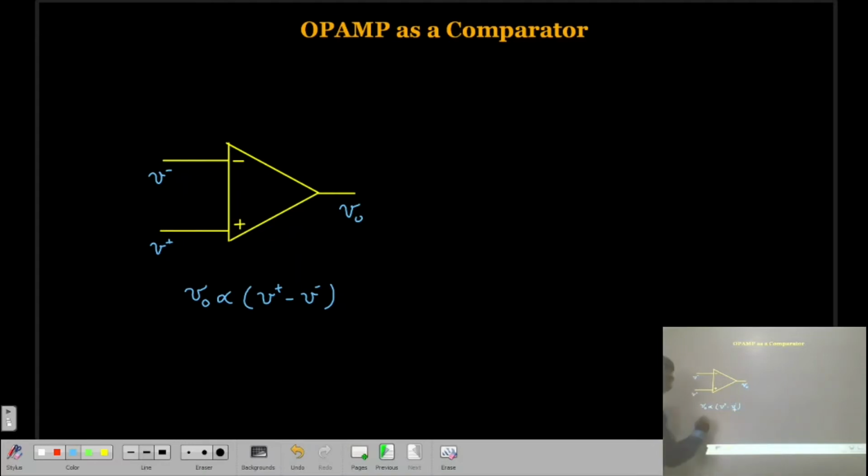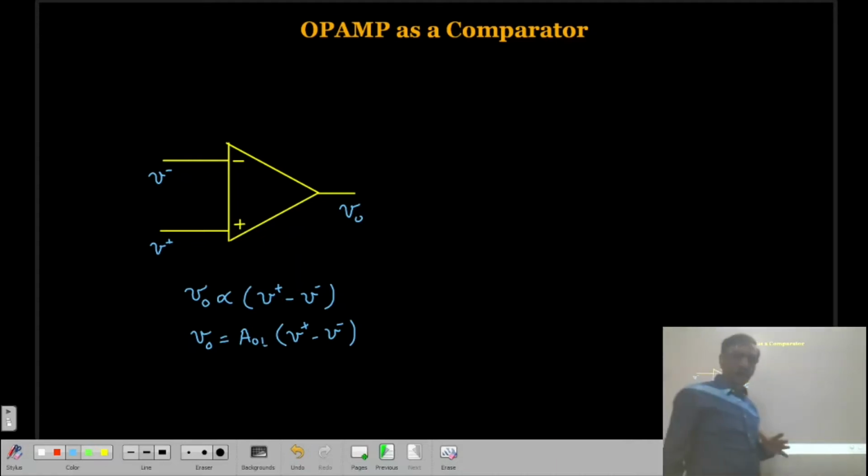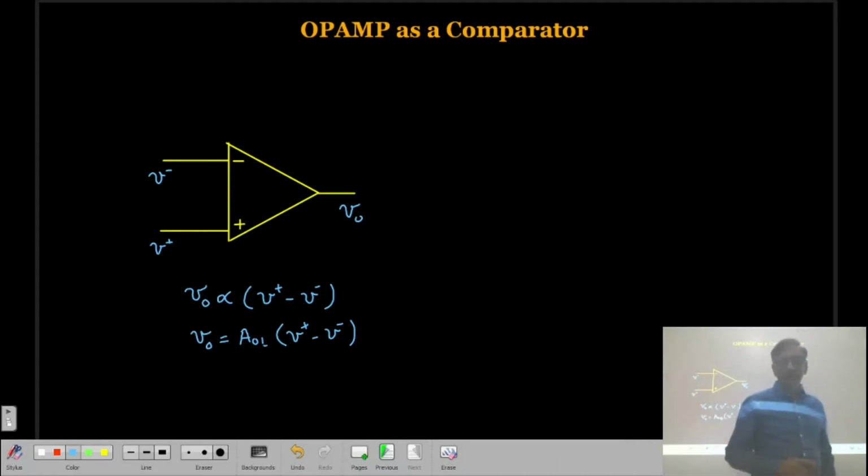The output voltage can be written as A_OL into (V plus minus V minus). What is A_OL? It is known as the open loop gain of the operational amplifier.